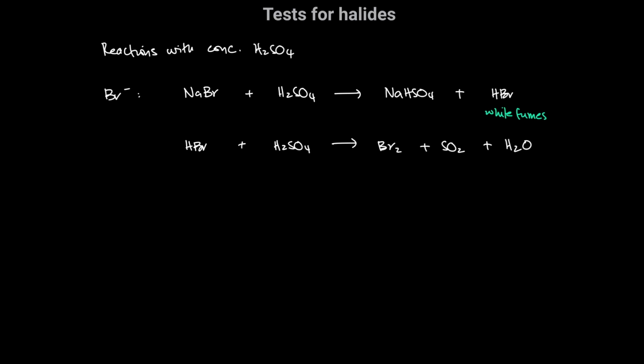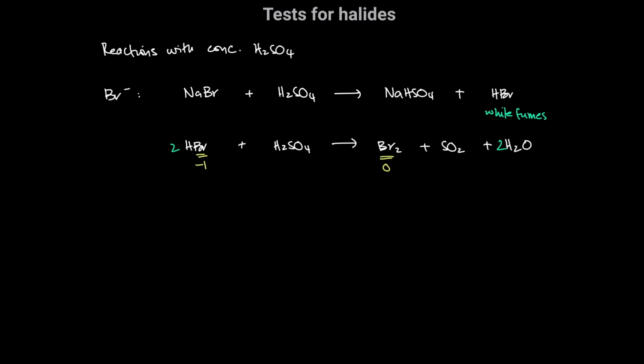It undergoes oxidation more easily, so we can also say that sulfuric acid is able to oxidize bromide ions. The balanced equation for this has 2HBr and 2H2O. Over here we can see that the oxidation number of bromine is going from -1 to 0, and the oxidation number of sulfur is going from +6 to +4.